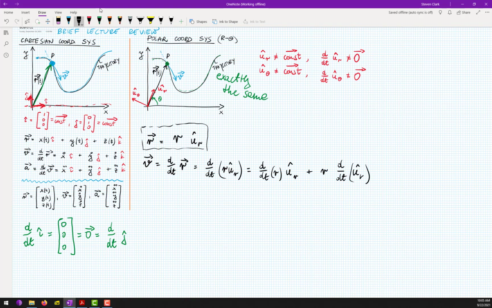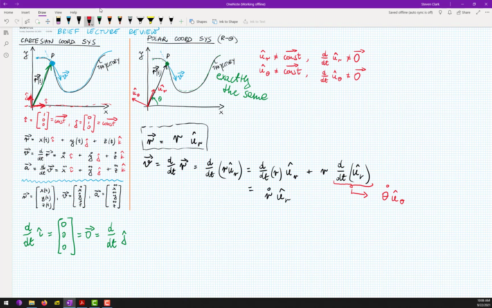That would be r dot ur, and believe me or not, this guy is exactly theta dot u theta. If we take the first time derivative of ur, this will be theta dot u theta.